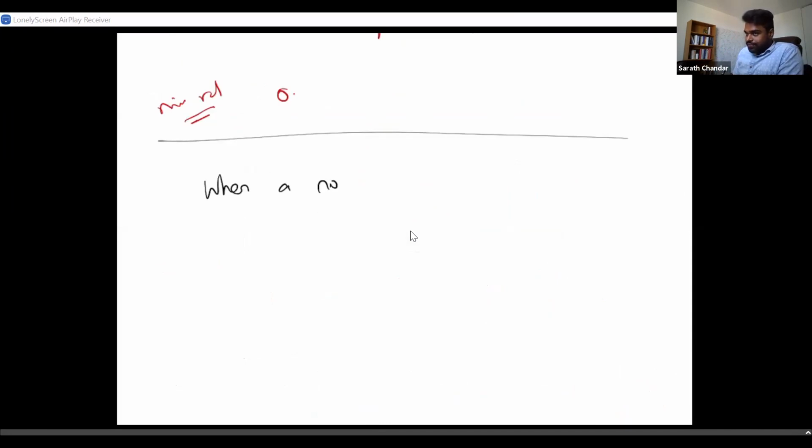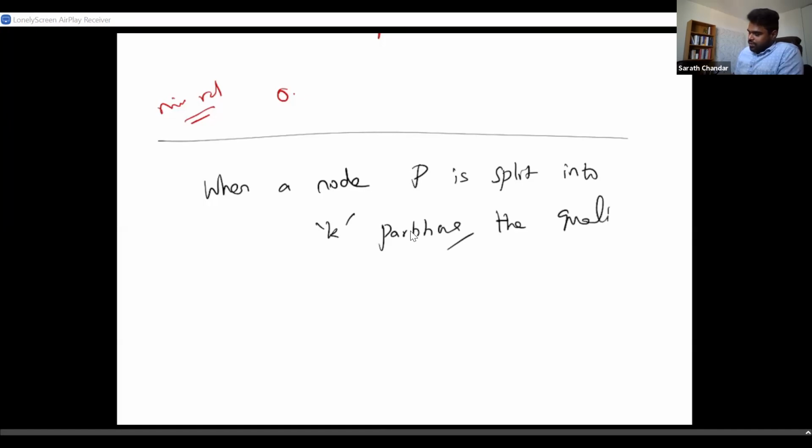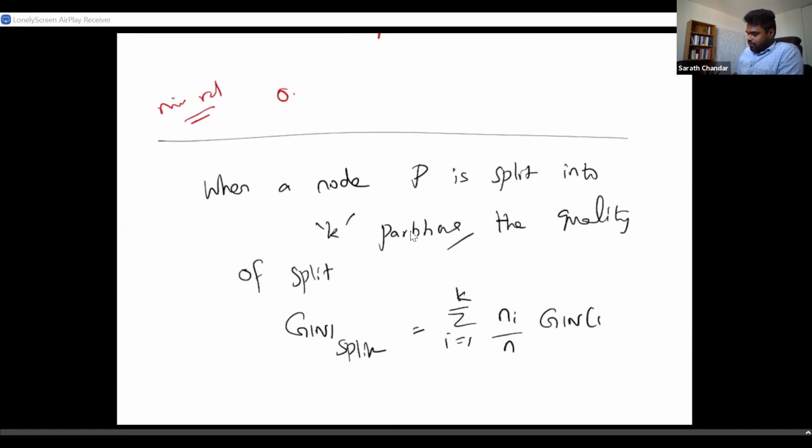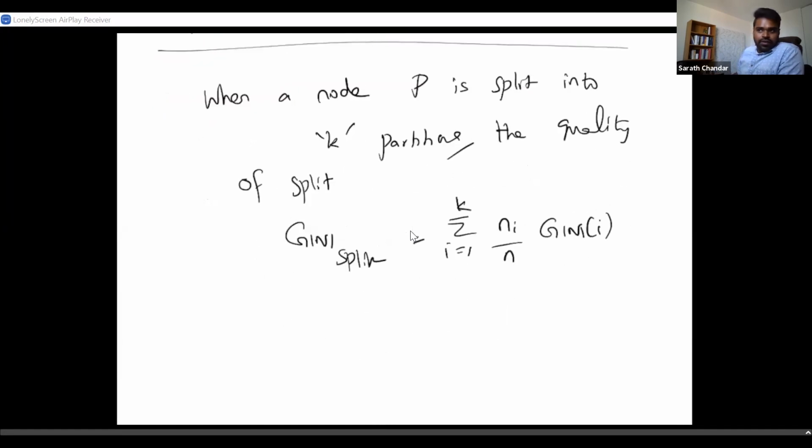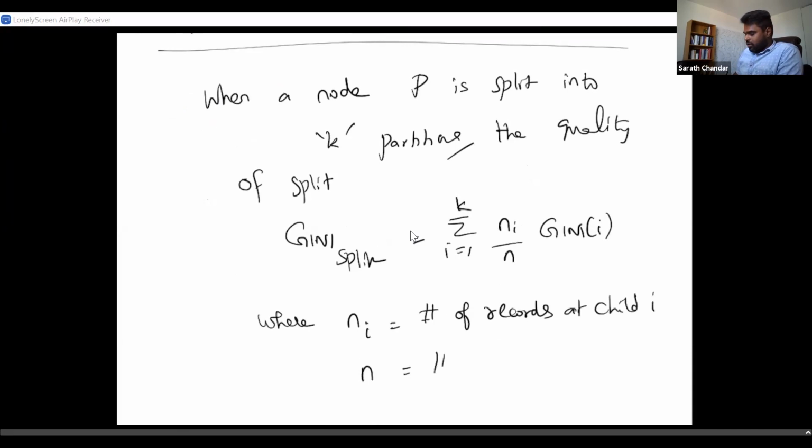When a node P is split into K partitions, the quality of the split is given as Gini split, equal to the summation over i equals 1 to K of Ni by N times Gini of i, where Ni is the number of records at child i, and N is the total number of records.